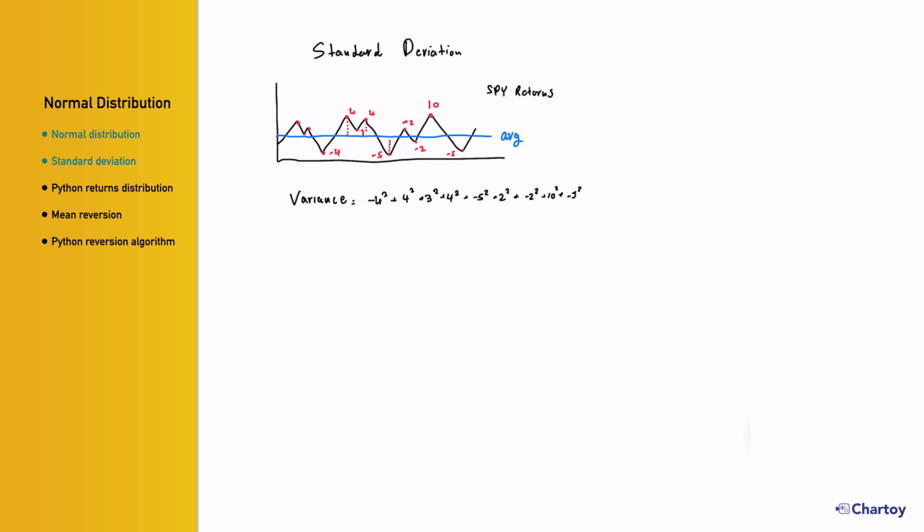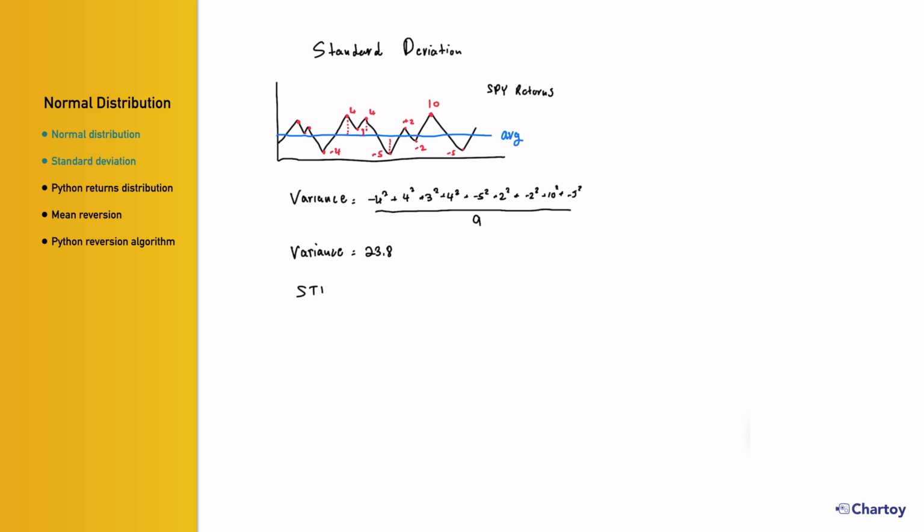Once we've done that, we're going to divide this number by the number of data points that we had here, in this case 9. So the variance is going to be, in this case, 23.8. That's the variance.